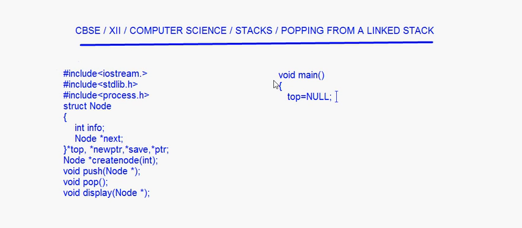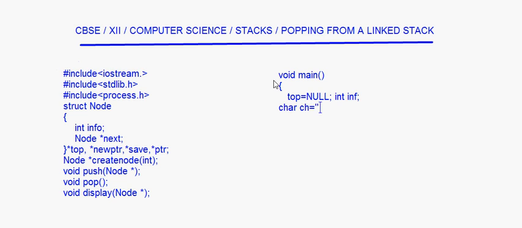In the program for pushing as well as popping, wherever you're using this linked stack, in the main method, top should always be initialized to null, right? Then you take int inf, right? Then char ch is equal to y.